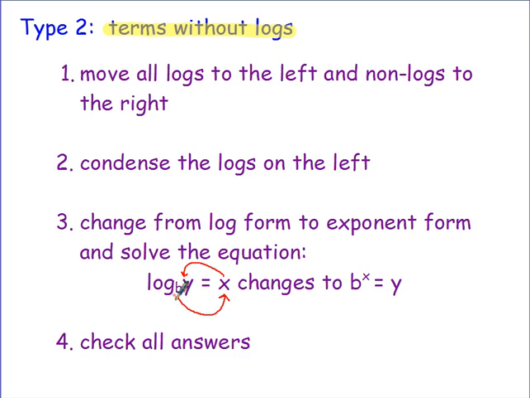So b to the power of x equals y. When we make this change, the log goes away. Once you're done solving, again, just like type 1, you have to check your answers. So let's take a look at some easy ones and move up to harder ones.